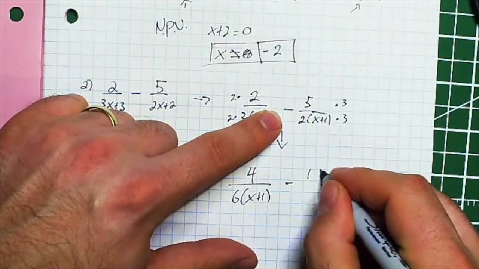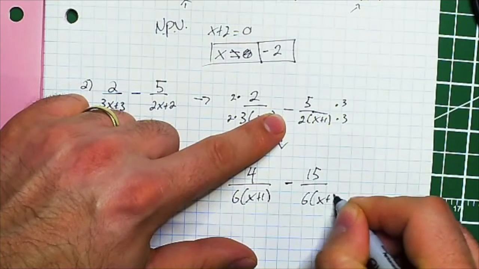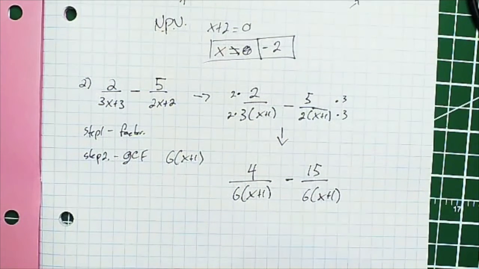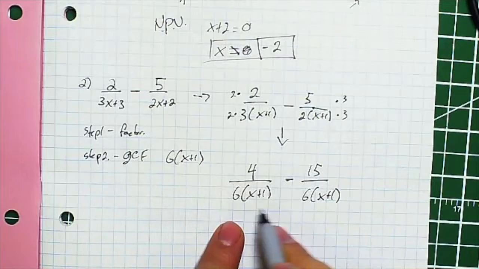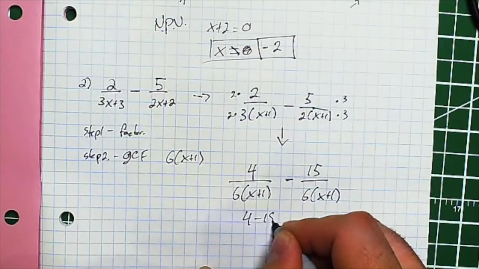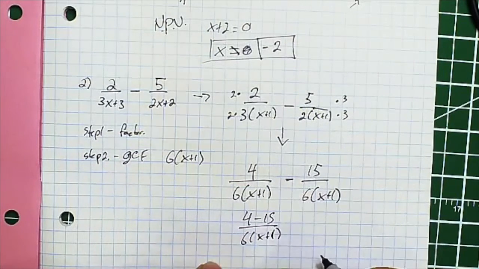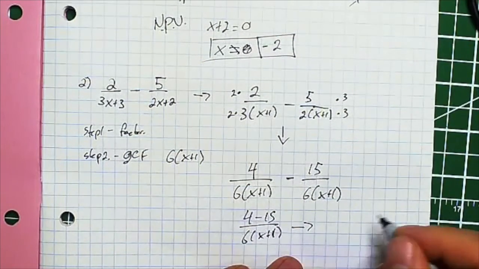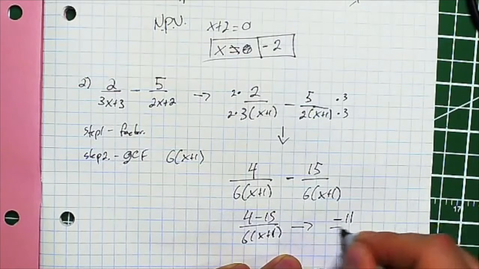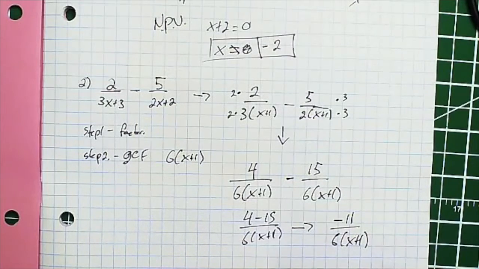And negative 5 turns into negative 15, and 2 times 3 is 6 times x plus 1. Now that they're the same denominators, we can subtract, so it turns into 4 minus 15 all over 6 times x plus 1, and 4 minus 15 turns into negative 11 all over 6 times x plus 1.